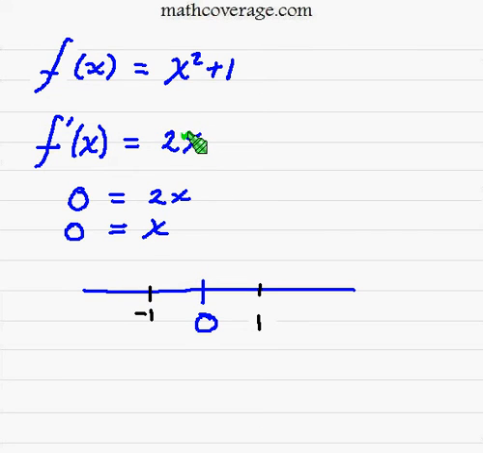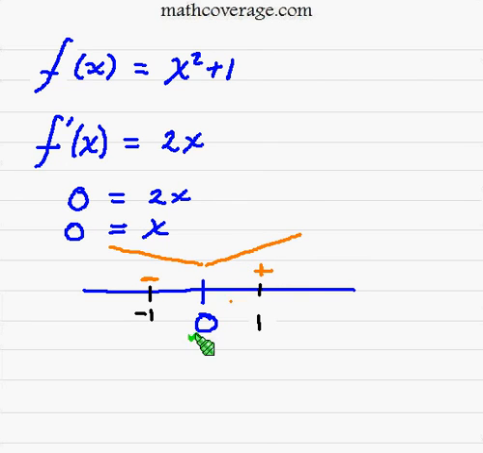Therefore, I put a little minus sign right here, indicating that the slope of the tangent line when x is equal to -1 is negative, and that means that any number that you plug in to the left of 0 into the derivative is also going to be negative, and I'm going to indicate that by a line with negative slope. Then we take 1, plug it into the derivative, and we get 2 out, and that's a positive number. So that means that the function is increasing.